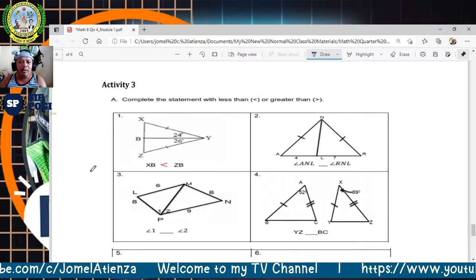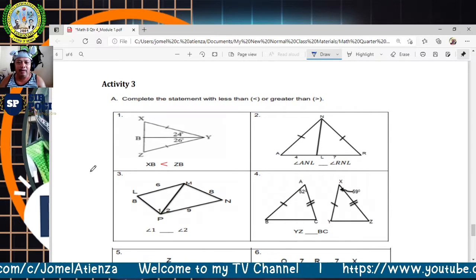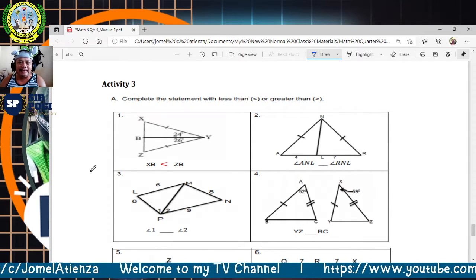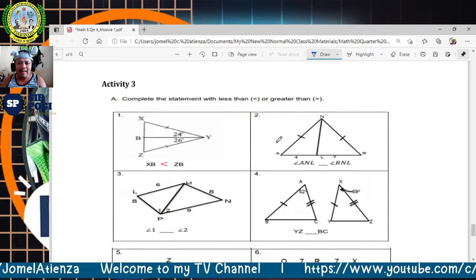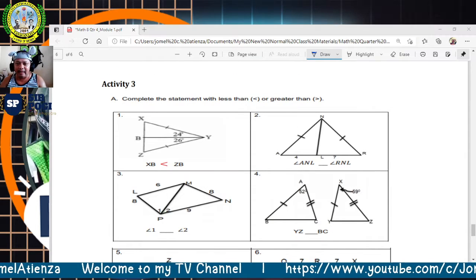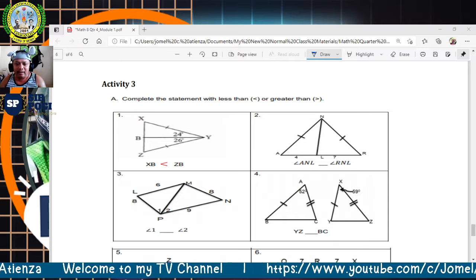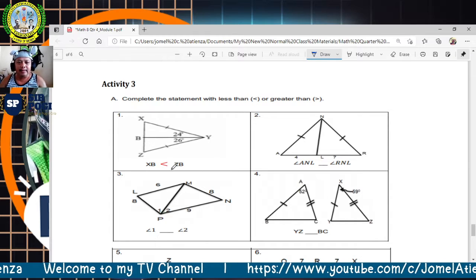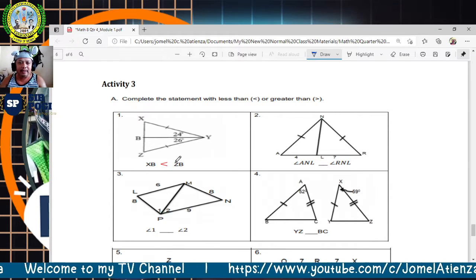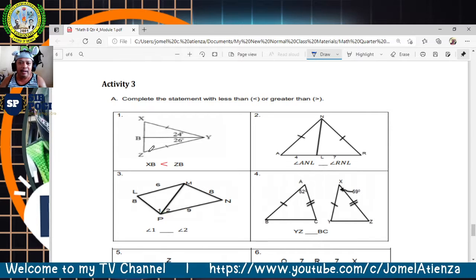And then, for our last activity, activity number 3, complete the statement with less than or greater than. This is our number 1.